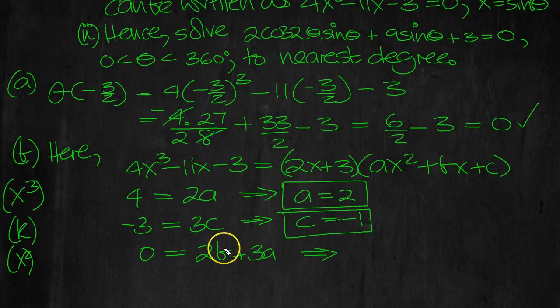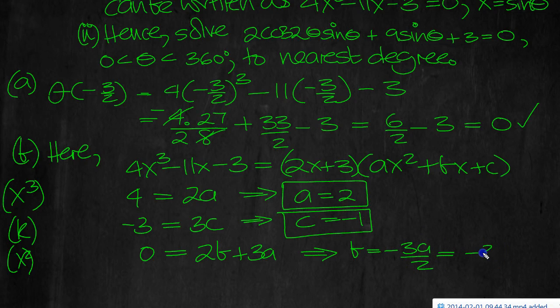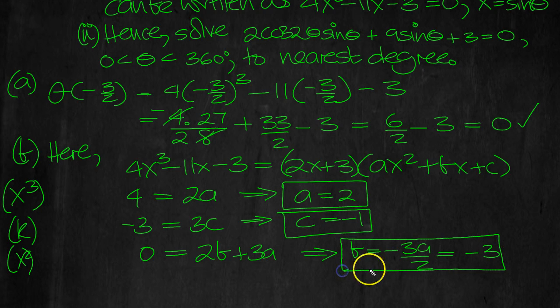So b will equal minus 3a over 2, won't it? Move this over there, and then move the 2 from times to divide. Minus 3a over 2a is 2, so it's minus 3. Okay, good. So b is equal to minus 3, and we've got our values.